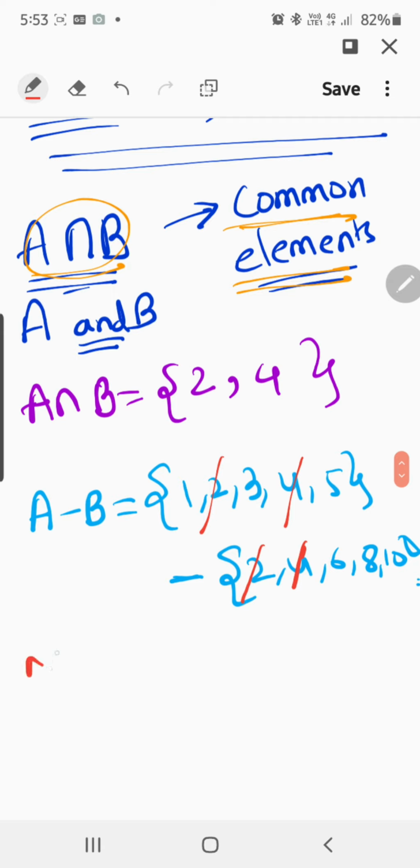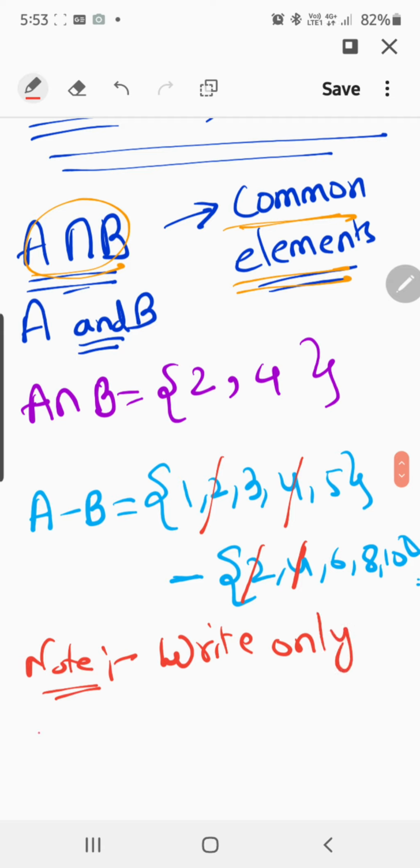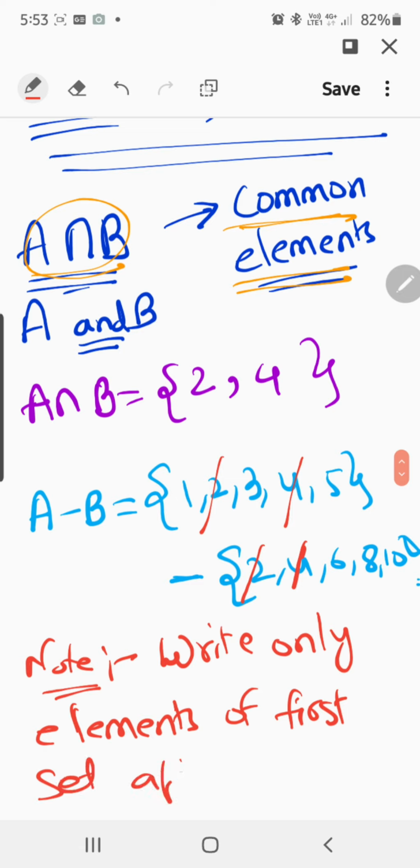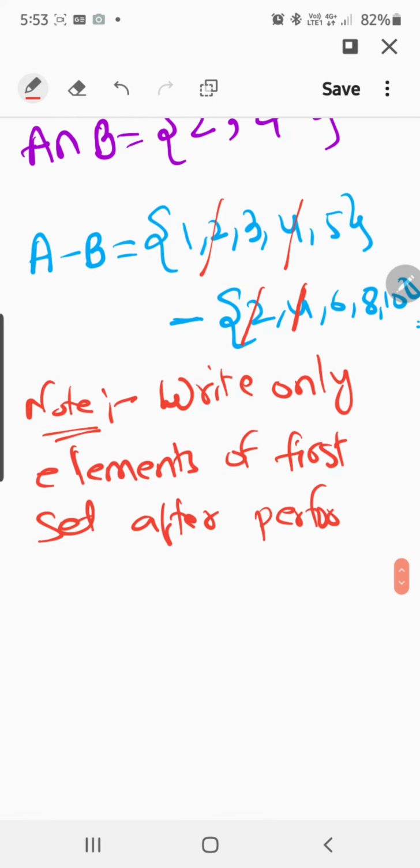Now make a note in your mind that you have to write only the elements of the first set after performing the difference.